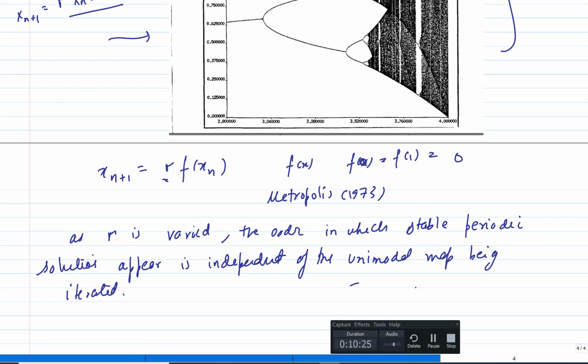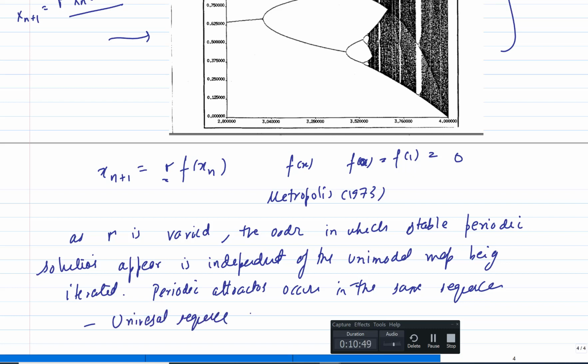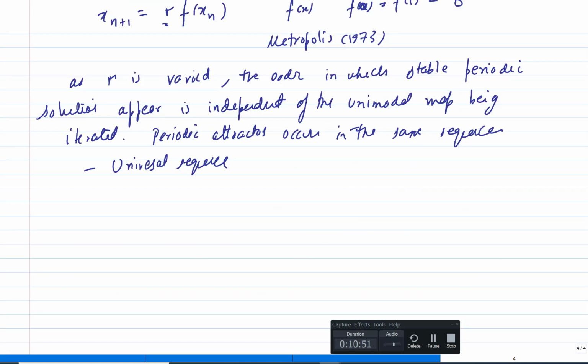And the periodic attractors occur in the same sequence that is called the U sequence or the universal sequence. So I'll just state the universal sequence up to period 6.